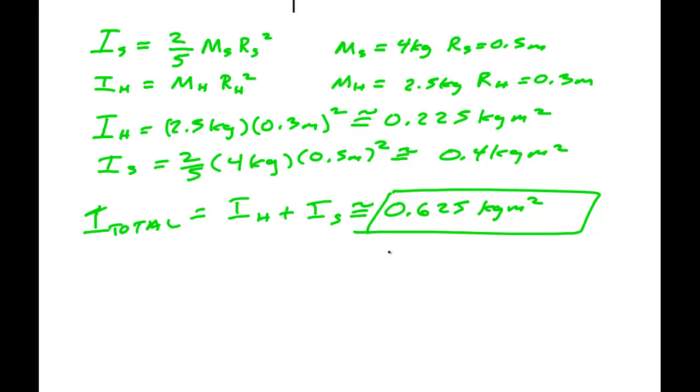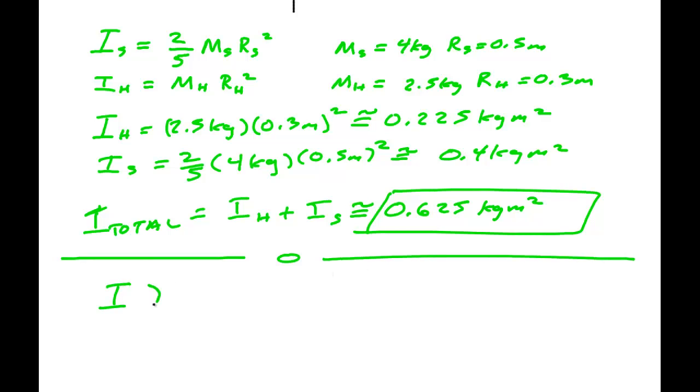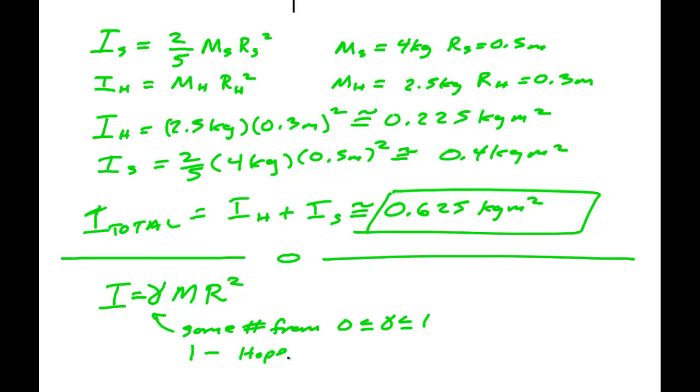It should be noted a couple of things here. All of these, I told you, look like some sort of gamma m r squared, some number from 0 less than or equal to gamma less than or equal to 1. 1 for a hoop, 0 if the object is not rotating, 1/2 for a cylinder, 2/5 for a sphere.